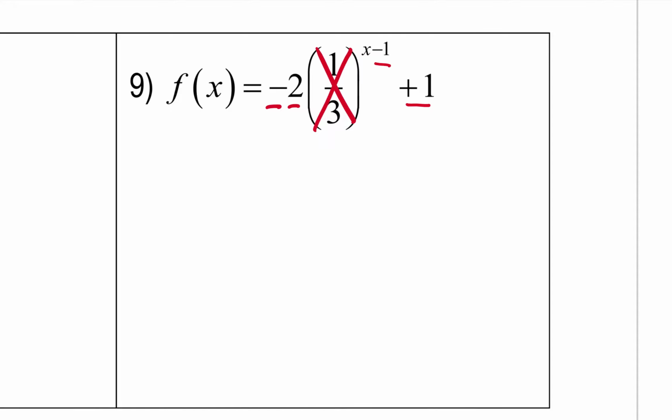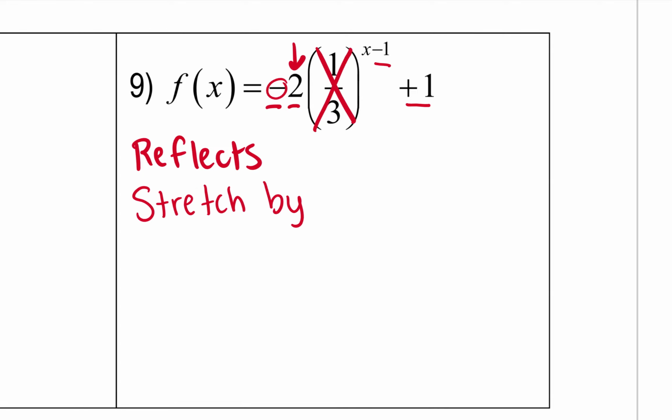That is the only time that you will do that. So because I have a negative, the negative by itself reflects, okay? So once the negative makes it reflect, I can't say that the negative goes with the 2. It cannot do two different things at the same time. So negative reflects, but the 2 by itself is greater than 1, so it would stretch.